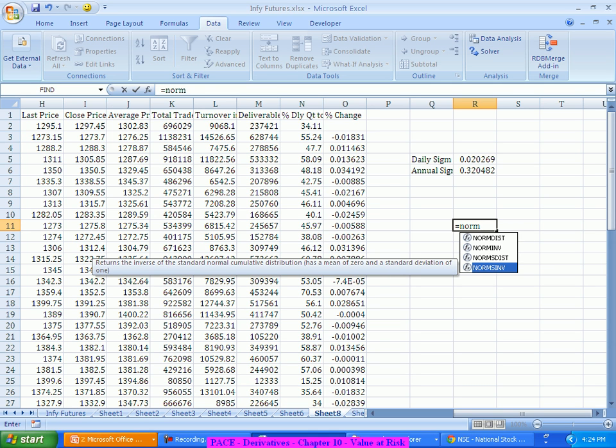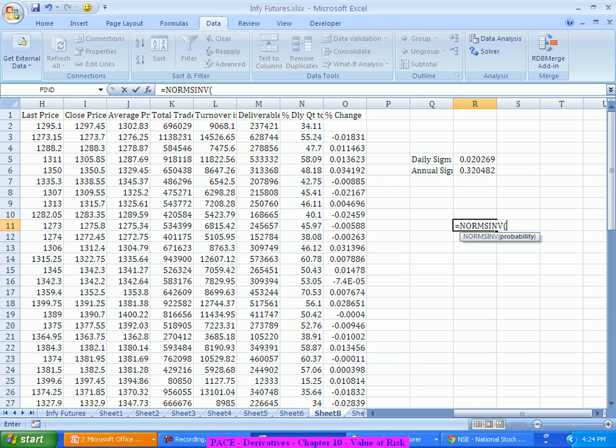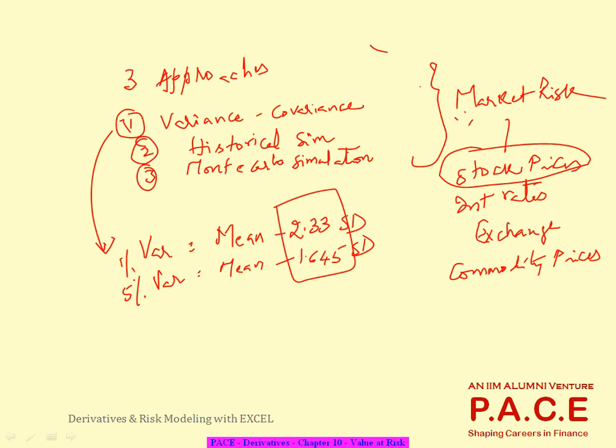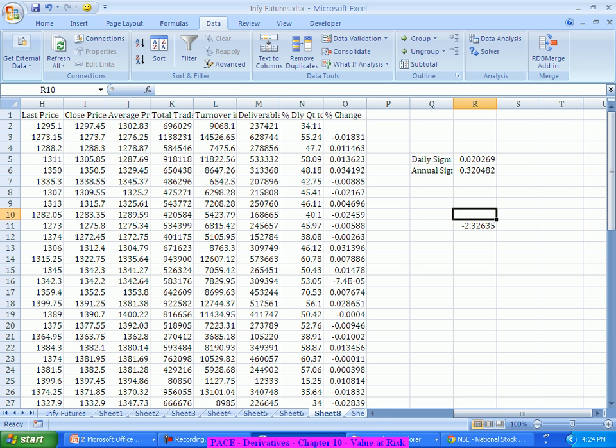But now we have the probability and we are trying to find the value corresponding to it. So I'll use the inverse and give the input as 1%. I get the same 2.33, 2.326 is what I am getting, minus 2.326. That is what I have typically used for a 1% VAR. Similarly, for a 5% VAR, in the same NORM.S.INV function, you put in 5%.